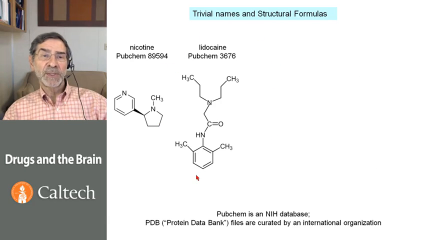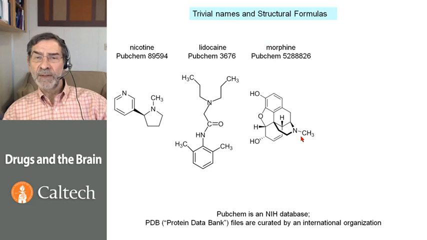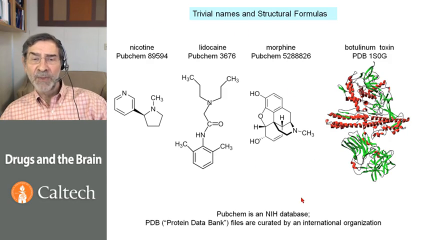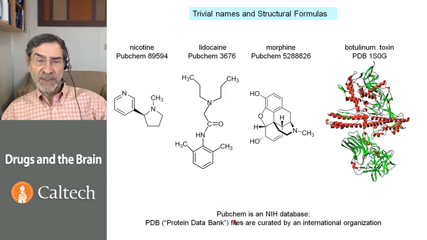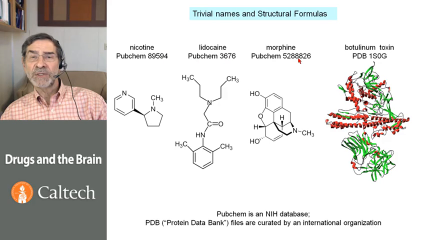We will also discuss lidocaine today, morphine, and also botulinum toxin. These are very different molecules, as we'll see. The first 3 of them are best described in an NIH database called PubChem, and here are the accession numbers for each of the records.